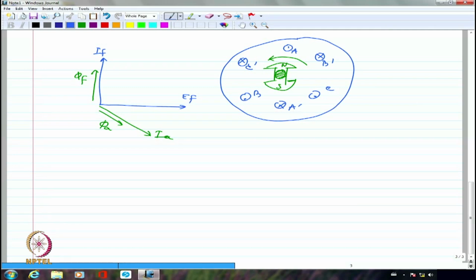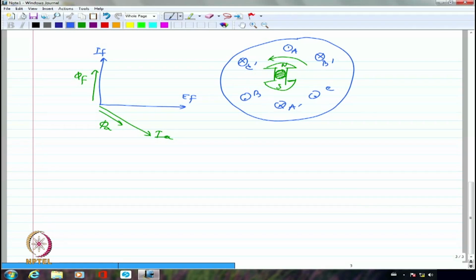What we are doing is, the DC current, although it is injected into the rotor, you are physically rotating it. So the DC current is not producing a revolving flux. You are physically rotating it to create a revolving flux. So you can look at the DC current as an equivalent per phase AC current in a three-phase system.